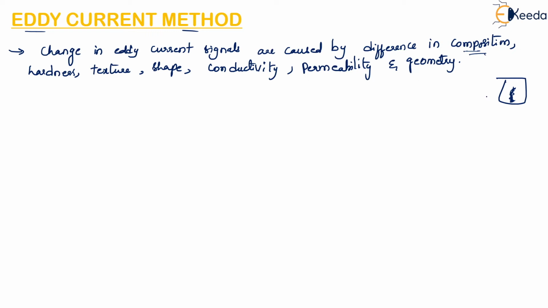So we have to select the coils for the configuration, size, and test frequency so that we can enhance the detection of the cracks, the conductivity, and the metal loss as we require.